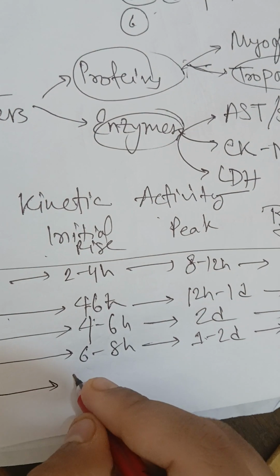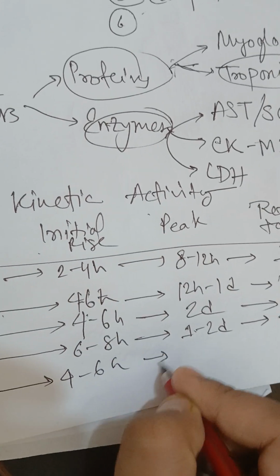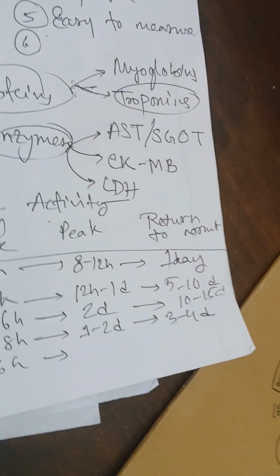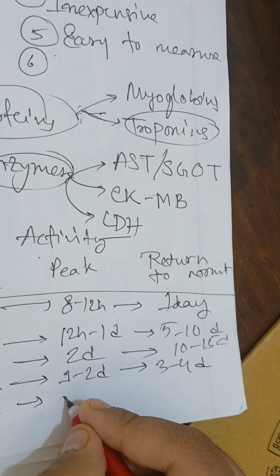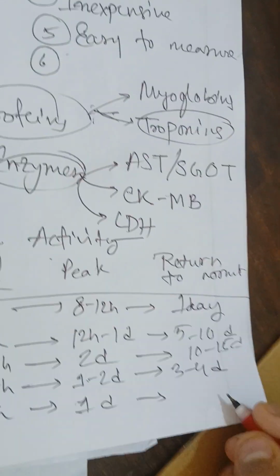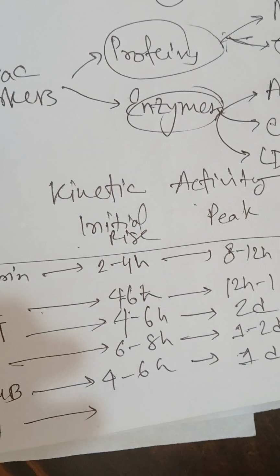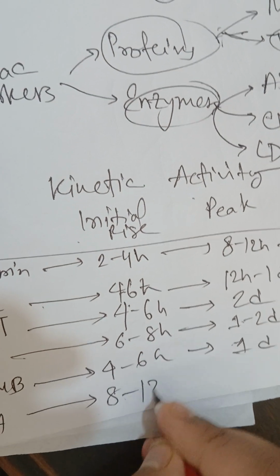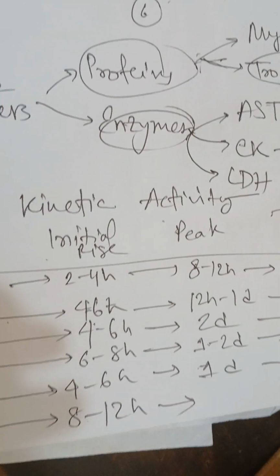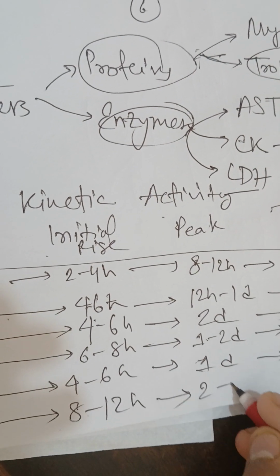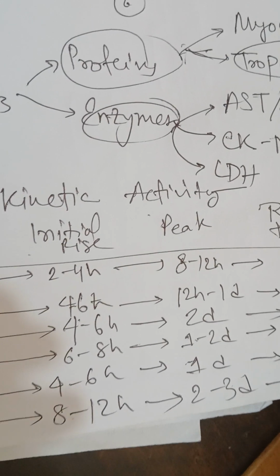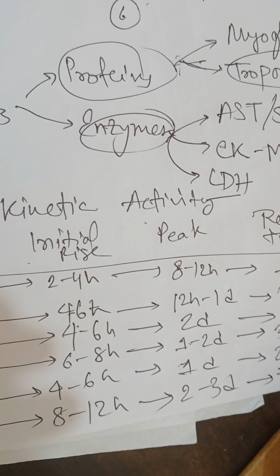CKMB, initial rise is seen after 4 to 6 hours, the concentration reaches the peak point after 1 day, and it returns to normal after 2 to 3 days. LDH, initial rise is seen after 8 to 12 hours of cardiac damage, it reaches the peak point after 2 to 3 days, and it returns to normal after 7 days.